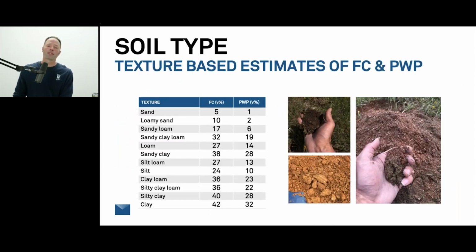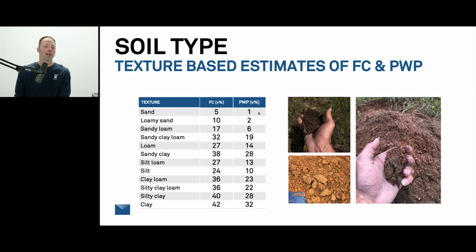And the reason it's important is because if you're trying to make any inferences about the water in the soil, especially in relation to its availability to plants, you're going to need that soil type. Here's just some examples of what typical water contents can be. Here we've got field capacity, sand is only 5%, and permanent wilting point is about 1%, right?